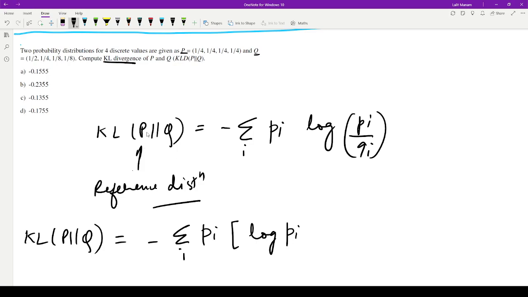If we swap the positions of P and Q, we should get the same thing if it's symmetric.